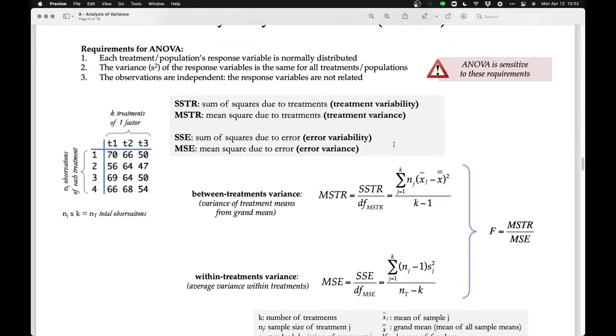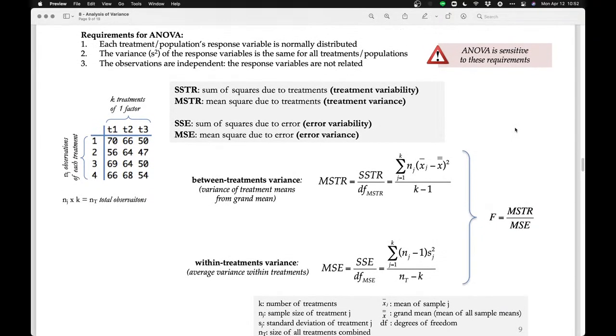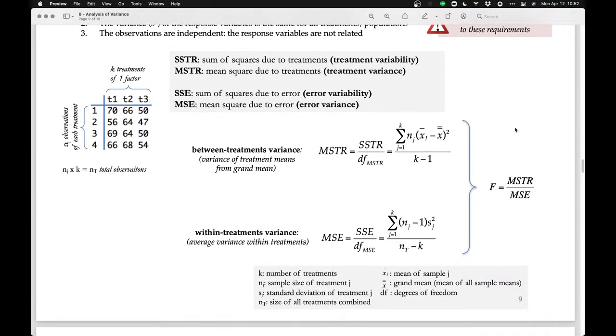So that's essentially what ANOVA is doing, it's taking advantage of this property of the F distribution by comparing two variances. And that's a quick and dirty recap of what ANOVA is.